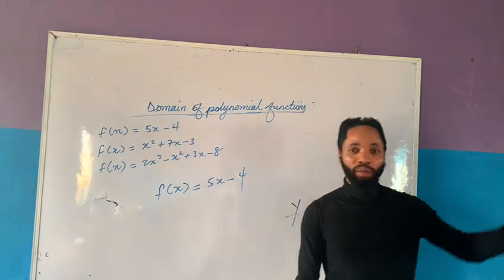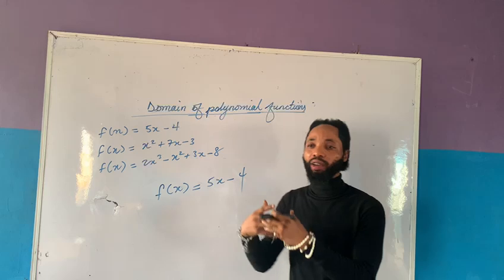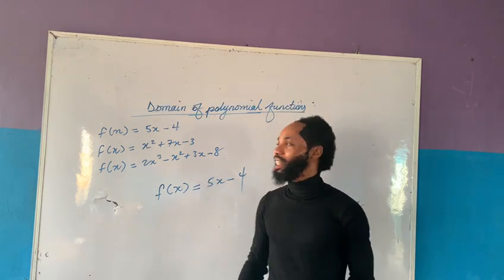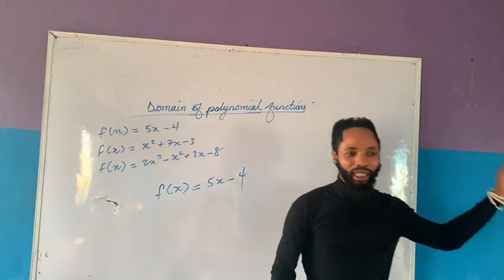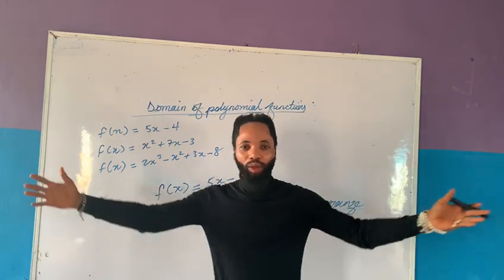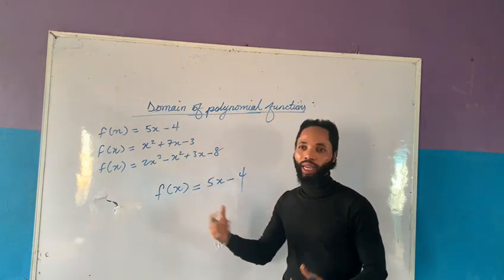Nothing. If we start from negative infinity to positive infinity, everything we put will give us a real number, because the idea is to have a real number. And we know our real numbers go from negative infinity through to positive infinity. So any value of x we put in here, we'll end up getting a real number.